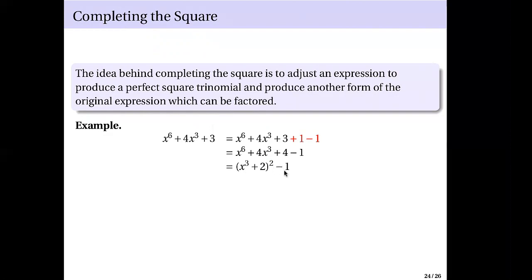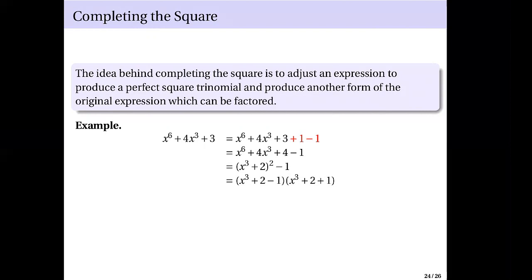Which means that we can write it as x cubed plus 2, that's your x cubed plus 2 here, and then minus 1 because of this, and then x cubed plus 2 plus 1. So remember that formula again.